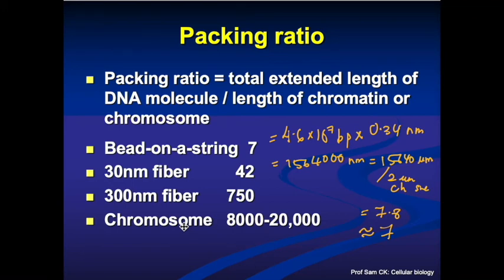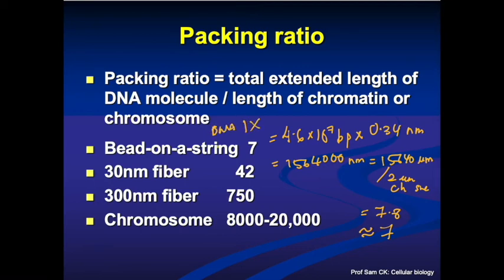Don't worry so much about all of the maths. If you couldn't understand very clearly, it's just to show you the compaction relative to the previous structure. For example, if you compare just DNA, the packing ratio is just 1 at that time.